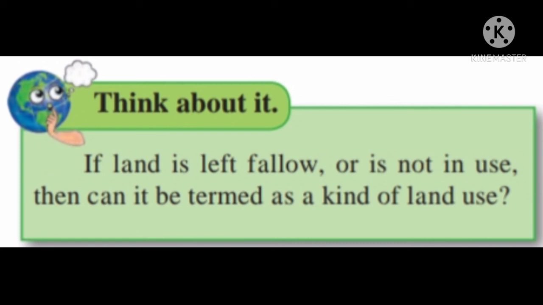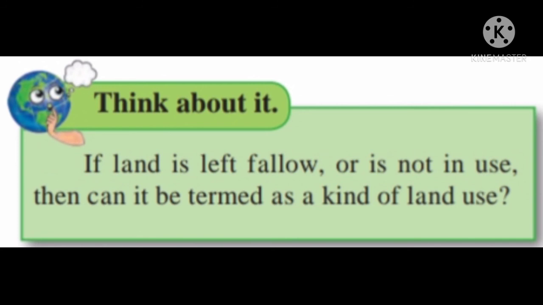Think about it. If land is left fallow or is not in use, then can it be termed as a kind of land use? So the answer for this question will be, the agricultural land which is temporarily not in use is called fallow land. Point 2. Fallow land use is a form of rural land use.